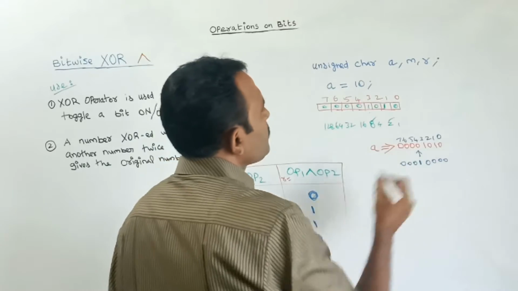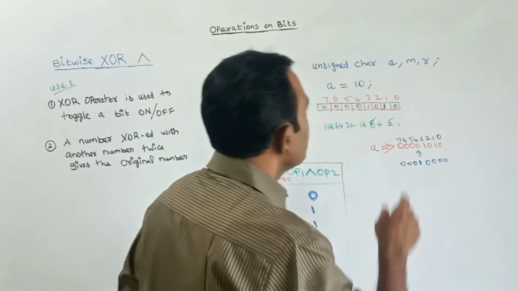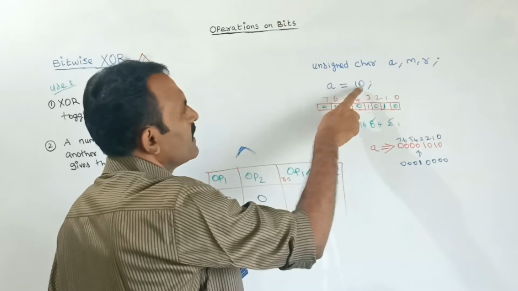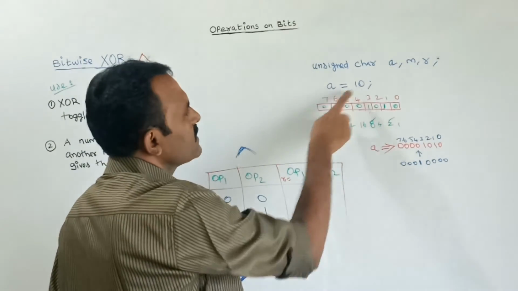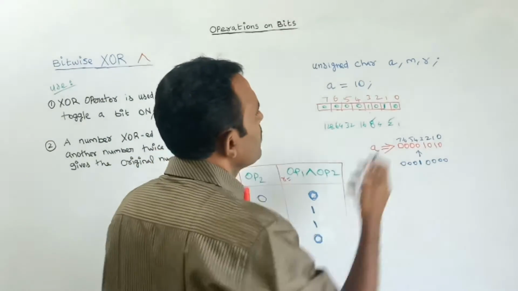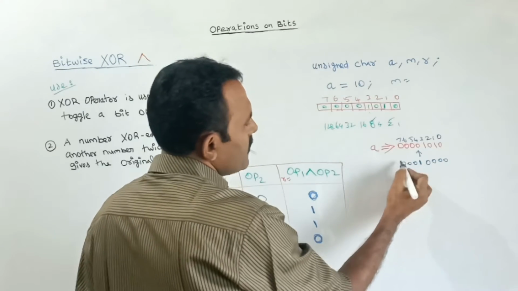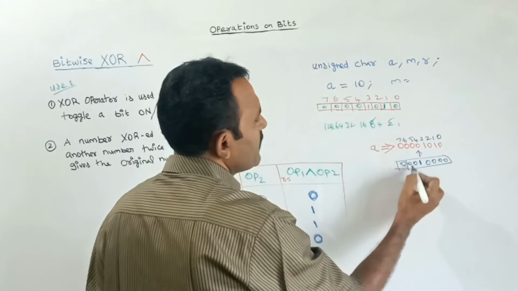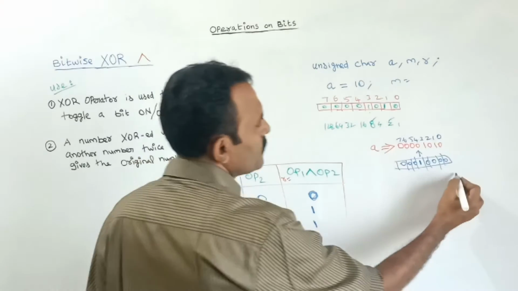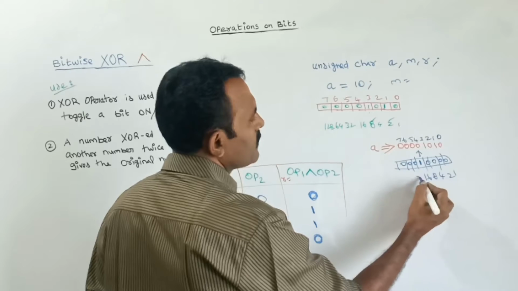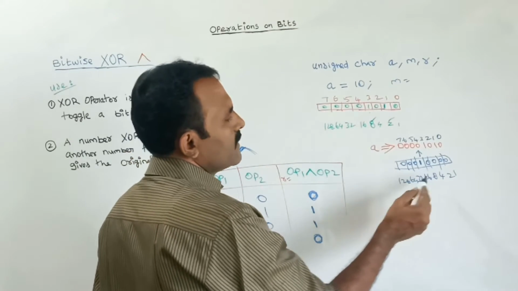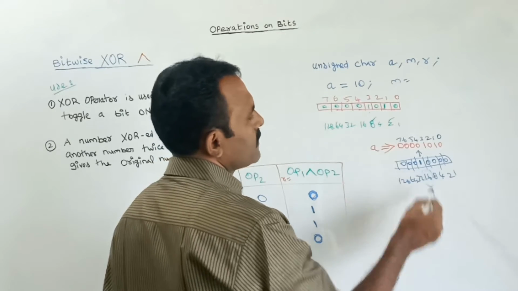While declaring, we should give the decimal value. For A I am giving the value 10. This is the decimal value, and this is the binary value of 10. In the same way for the mask, this is the mask binary value. What is the decimal value for this? If we convert this binary to decimal, the result is 16.